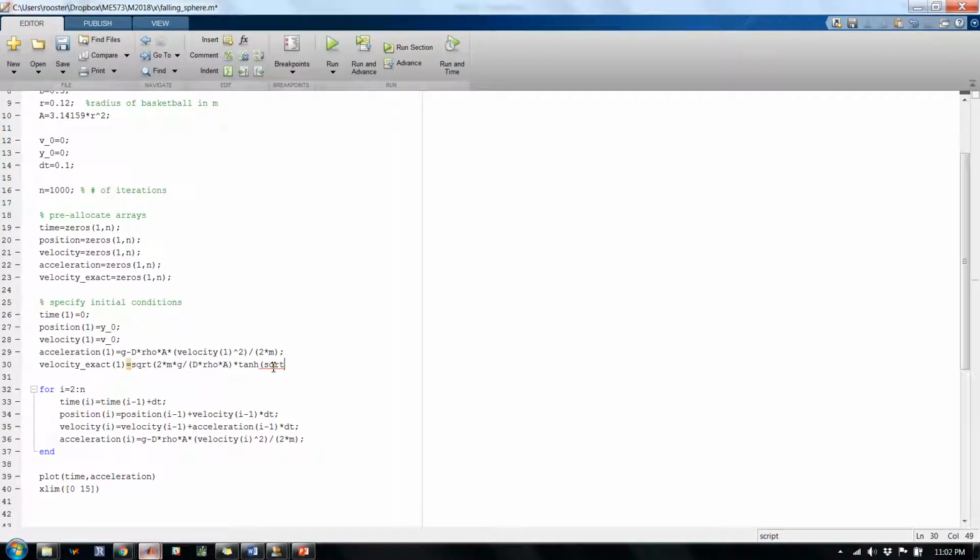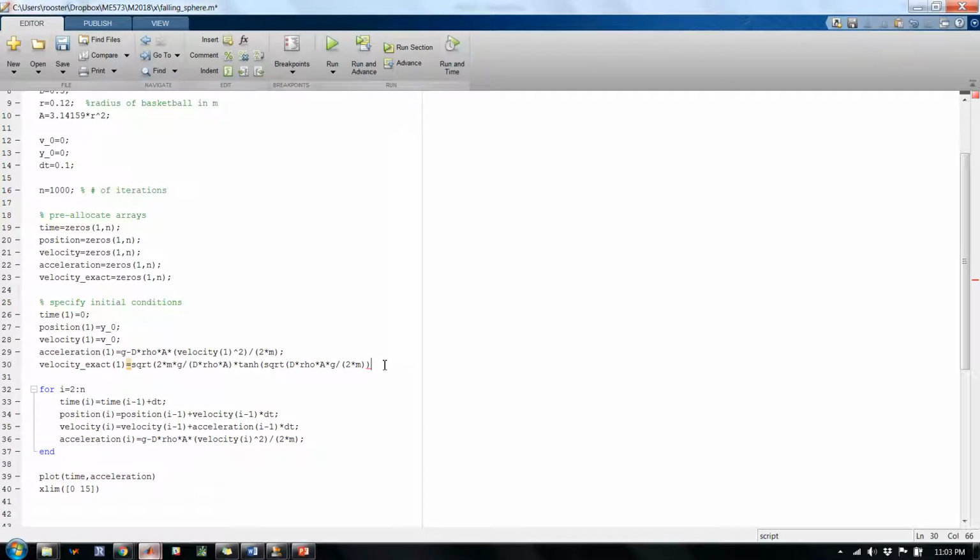So it's going to be square root of d star rho star a star g. I believe that's correct. Divided by quantity 2 star m. That's all in the square root, that's the quantity in the denominator. I need one more parenthesis to close off the square root.